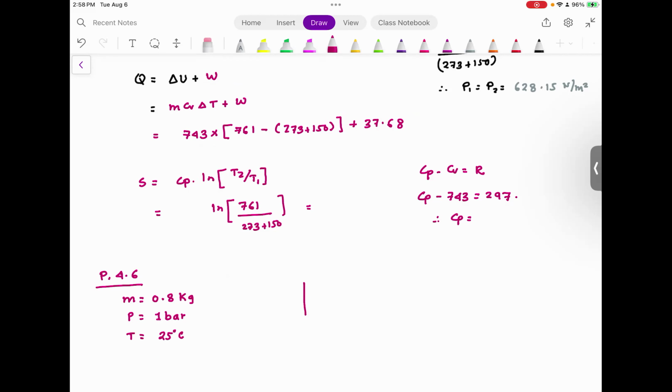So what we have is this piston cylinder. This is gas-tight, frictionless. Initially the air was at pressure P1 as 1 bar, P2 as 5 bar.